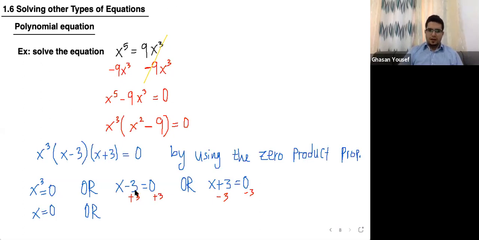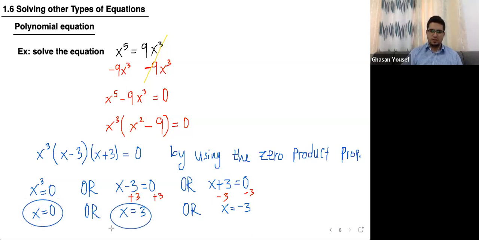Now here, after I add 3, they will cancel out, so I get x equals positive 3. Or I cancel the minus 3 on both sides and get x equals negative 3. And this is the final answer. So the first solution is x equals 0, the second solution is x equals 3, and the third solution is x equals minus 3.